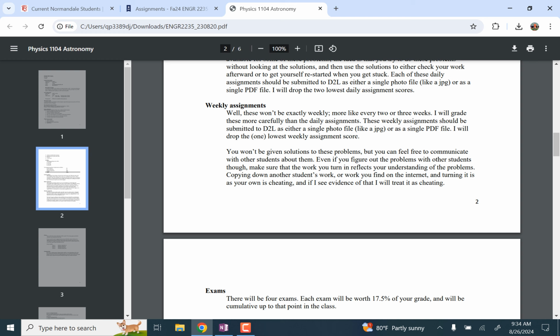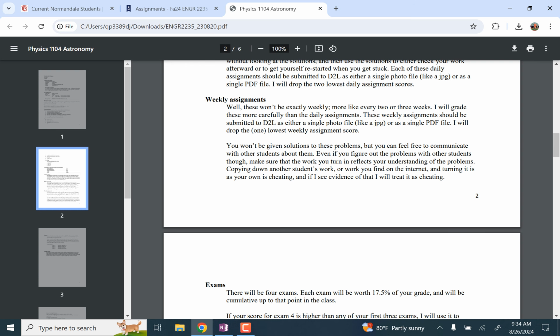Anybody have any questions about weekly assignments? You can talk to each other about these weekly assignments. You can get hints from each other and figure out how to do them together.